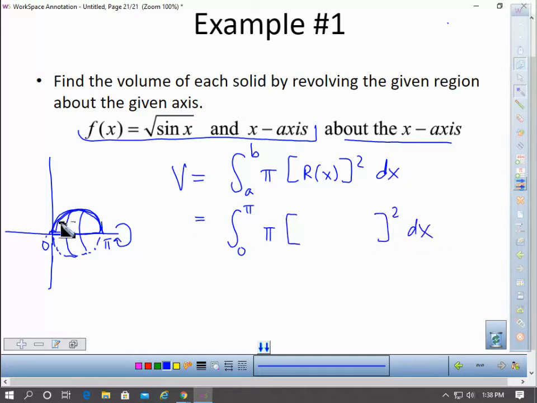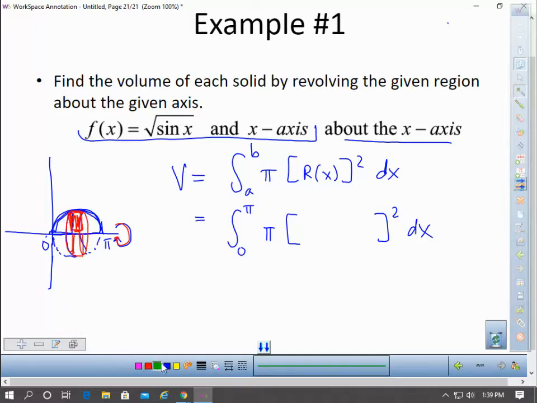So I just have to figure out, as these little discs go around, I need to draw my rectangle. My little rectangle is right here, down to the x-axis. This little rectangle gets rotated around the x-axis. So it's going to come down here, and that's creating these little discs.